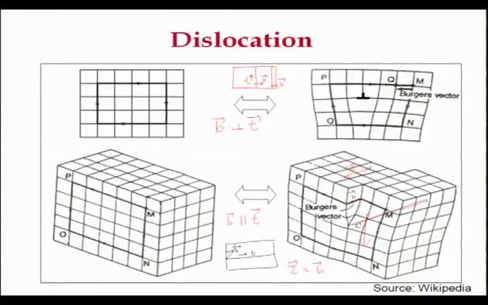So the movement of the dislocation line will happen in the direction perpendicular to the applied stress, whereas in case of edge dislocation, as you apply stress tau, the line will also move in the same direction. In this case, as you apply stress, the line will move in this direction. Okay. So the movements are opposite in case of edge and screw dislocation with respect to the applied stress direction.